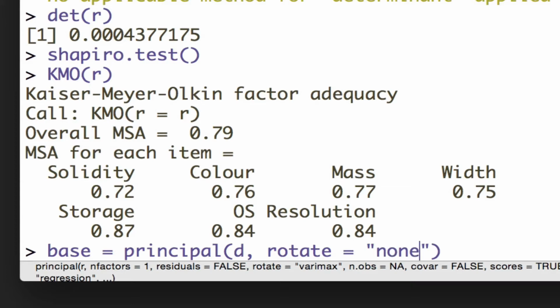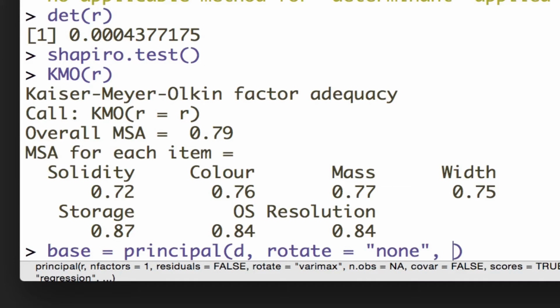Now, rotation is something we'll definitely talk about later, and it's very important to make the interpretation of what the factors are easier. But for the base model, we don't want any rotation, and then we need to specify how many factors, or components, we want to extract.